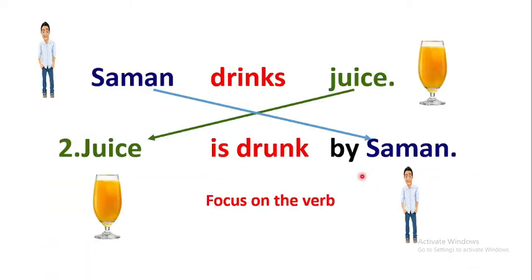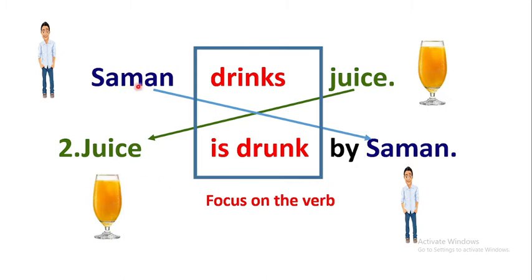Now here juice has come to the subject position and the subject someone has come to the object position, accompanied by a word by, and this is the most important needed part here. Drinks has changed into is drunk.